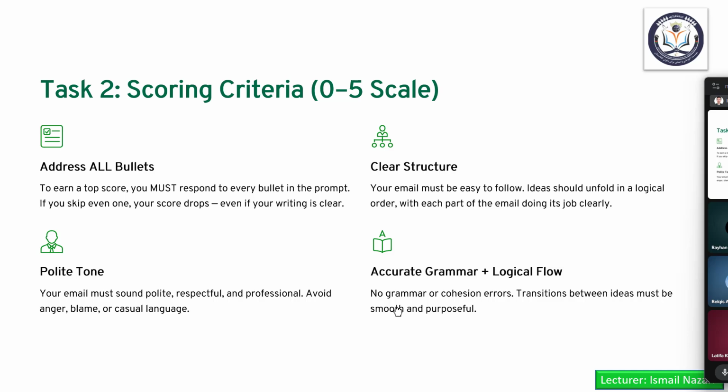We should not use emotional or impolite language to blame someone or make someone angry. Those are not allowed. And the final one is the grammar and logical flow of the ideas we write. So these are the important criteria that we may have.